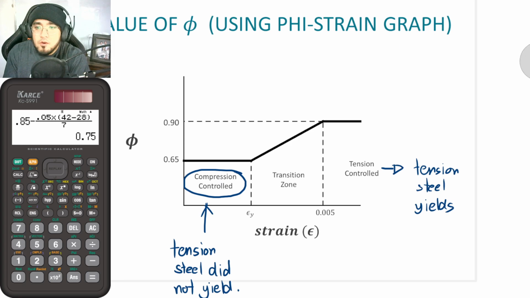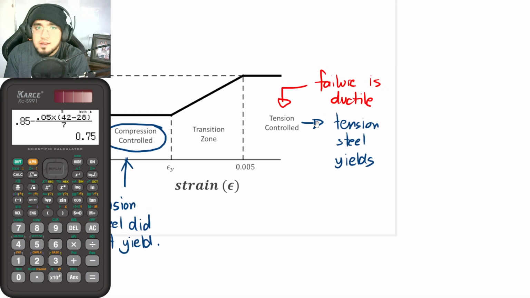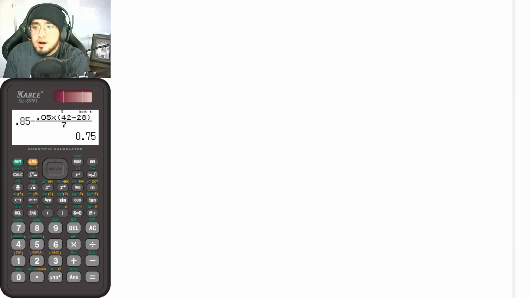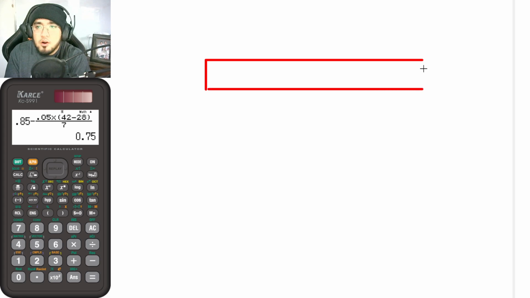Okay, so for tension controlled, or tension failure, in tension controlled or tension failure sections, the failure here is ductile. By ductile, guys, if we have a ductile failure, upon failure of a concrete beam, of course, it would be bending in this manner.